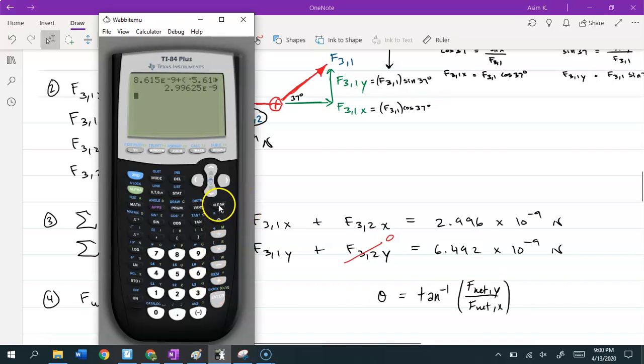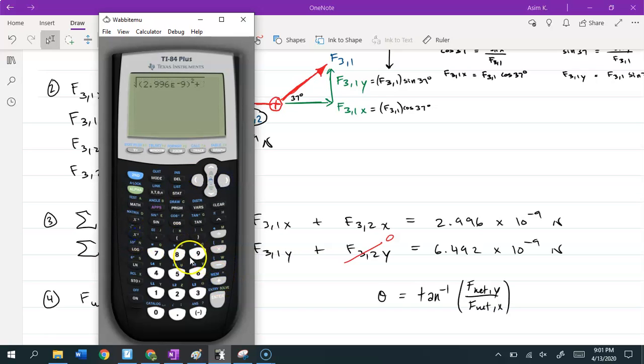So the first one is going to be the square root of 2.996 times 10 to the power of negative 9, and what we want to do is square this entire amount. So you can put a parenthesis around that, and then you can tell the calculator to square that.